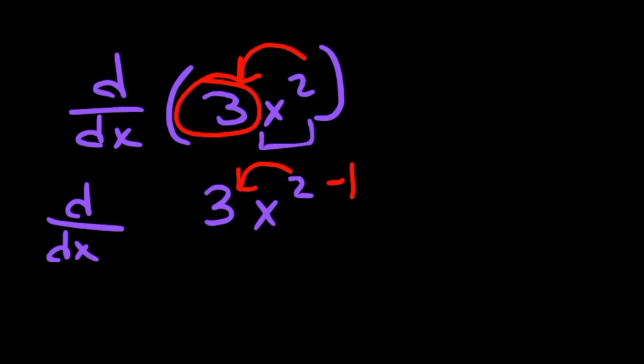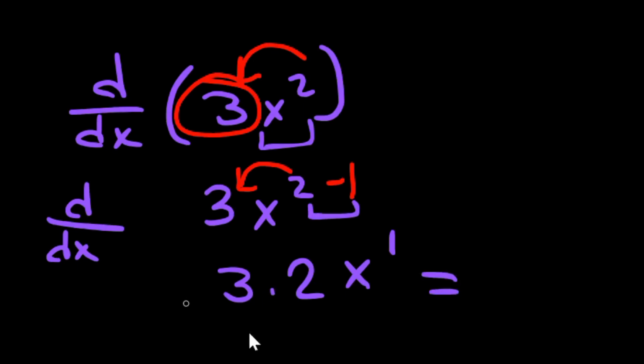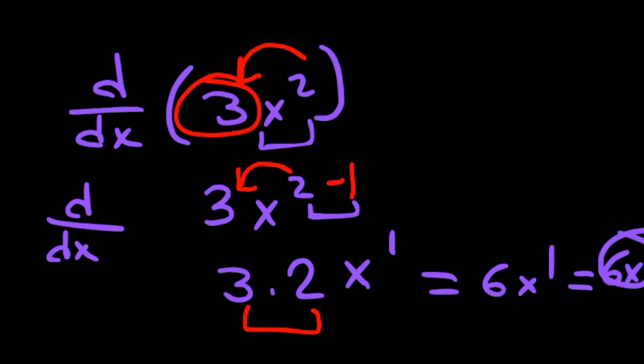We have 3 times 2 hopping down, 3 times 2, 2 times x, and then 2 minus 1 is 1. Simplifying this first part, we get 6x to the first, which is equal to 6x. So the derivative of 3x squared is simply 6x.